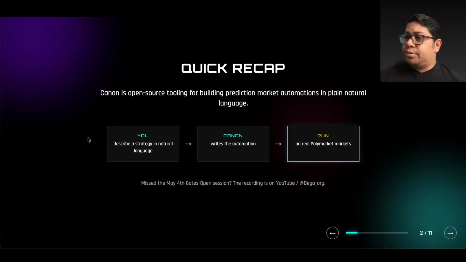As a recap, in case someone is watching us for the first time: what is Canon? Canon is a free, open source tool that allows us to build prediction market automations, but we are using regular natural language when talking to the agent.